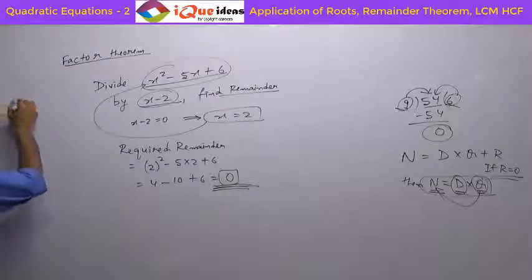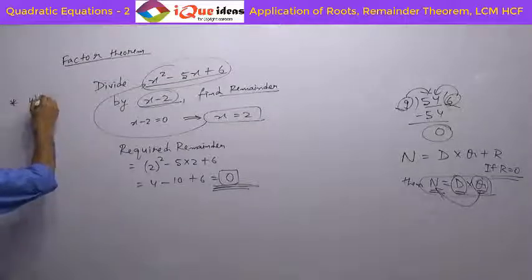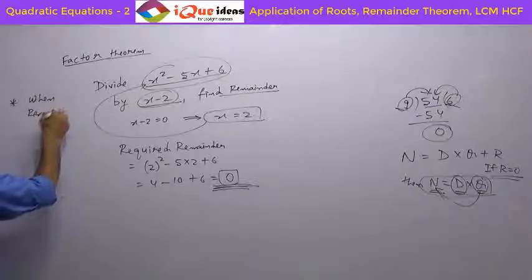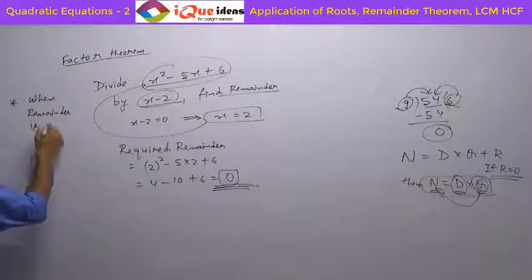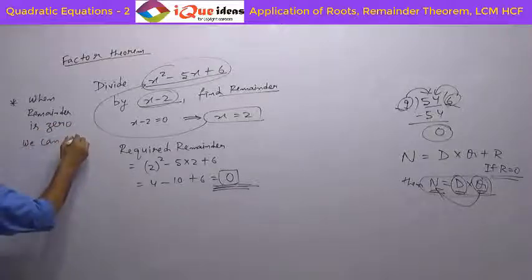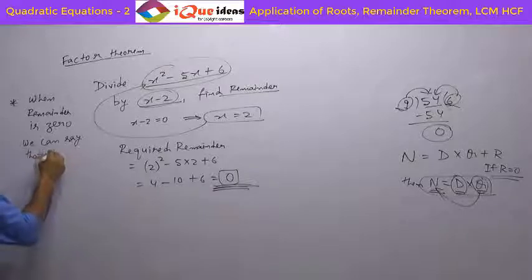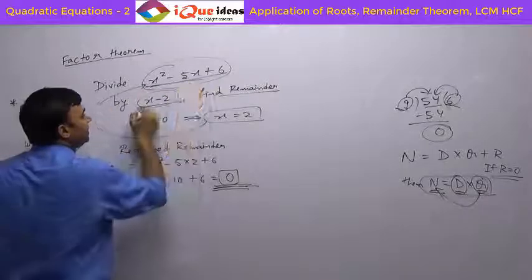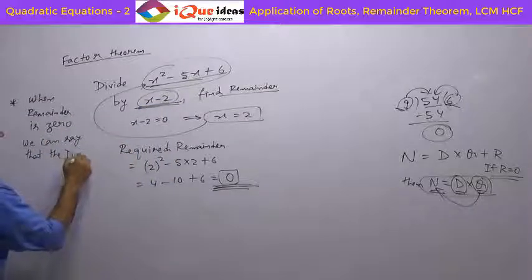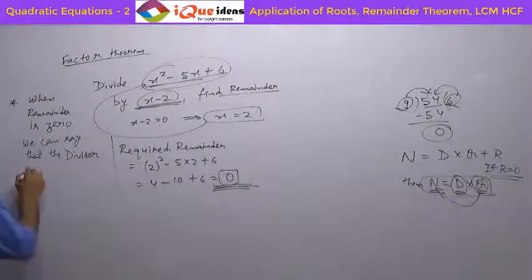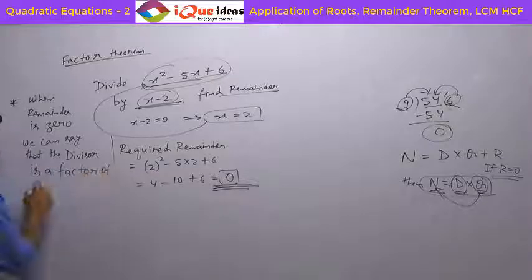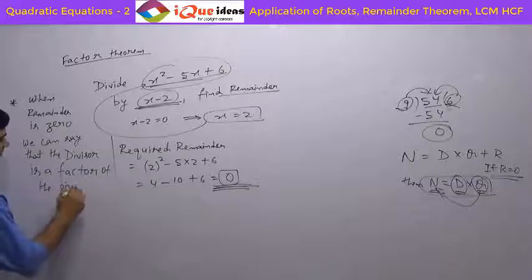So when the remainder is 0, we can say that the dividend is divisible by the divisor, and the divisor is a factor of the given dividend.